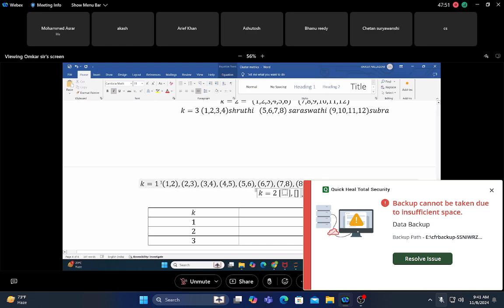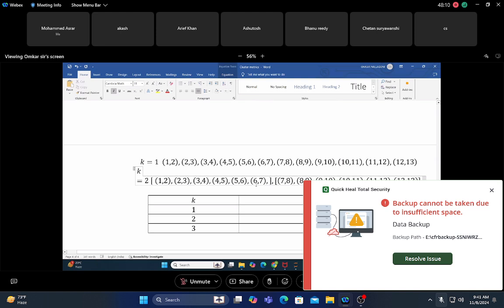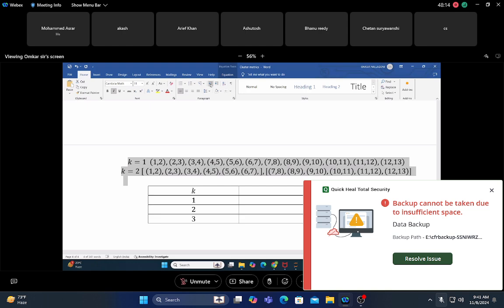So these are the one data points, and these are the other data points. Like this, for K is equal to 2 clusters.